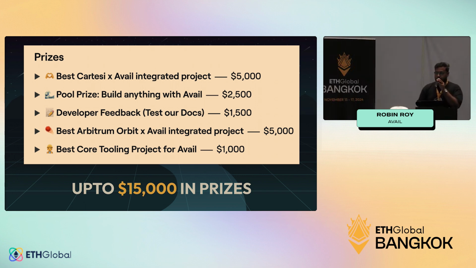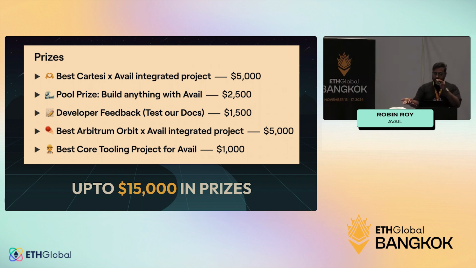And if you want to explore the Avail ecosystem, and you think there is some core infra or tooling that you can provide, such as developer dashboards or validator tooling, and you want to enrich the Avail ecosystem, we have a best core tooling project for Avail prize bounty as well. And also Arbitrum Orbit. So we have a total of $15,000 in prizes, so you can check it out.